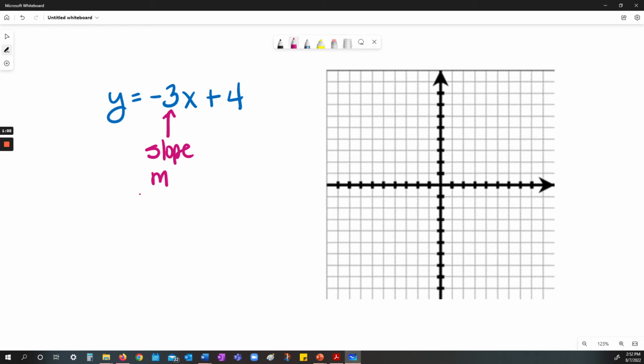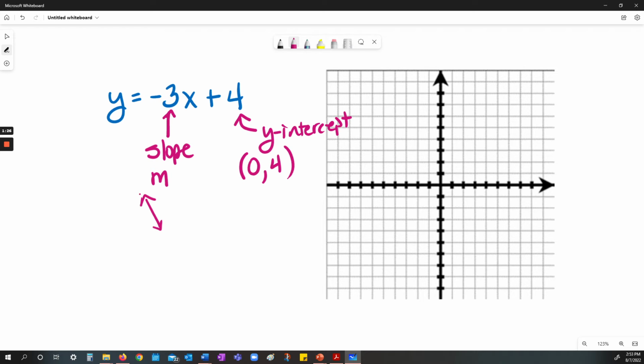The fact that it's a negative slope tells us it's going to be a decreasing line, tending down as you go from left to right. And then this other number, the constant, the one that doesn't have an x on it, is the y-intercept. So that means this line passes through the point (0, 4).